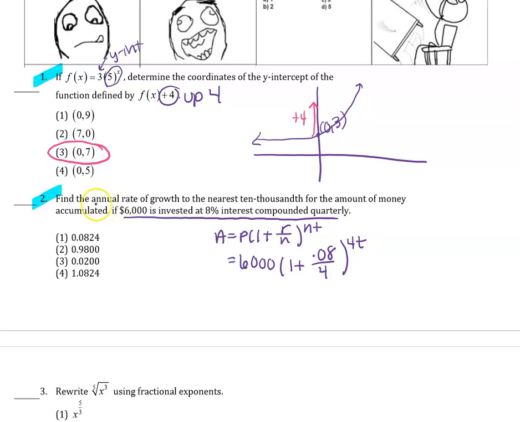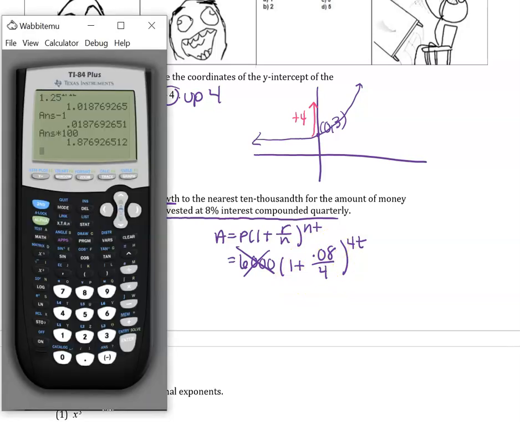Okay, so it wants the annual rate of growth. All right, so this is a little tricky here. Amount of money is irrelevant. We're essentially really committed to what this base is.